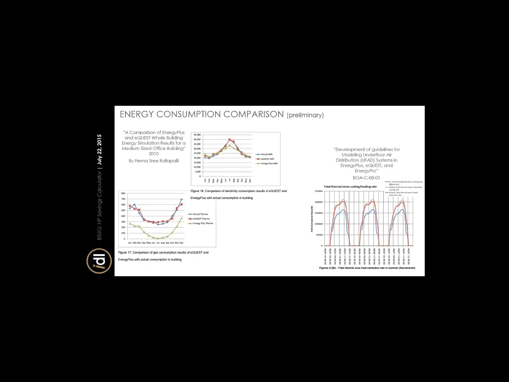And there was another ACEEE paper where they're showing here, I don't know if you guys can read that, but the blue line is EnergyPlus and the red and pink are both eQuest.